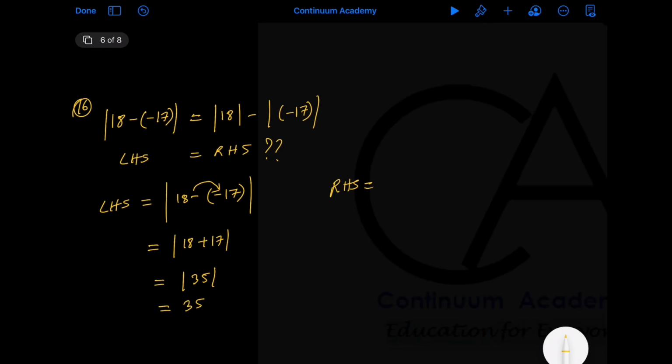Okay, now let's check out the right hand side. We have mod of 18 minus mod of minus 17. Here you can see that this is the mod and this is the bracket.